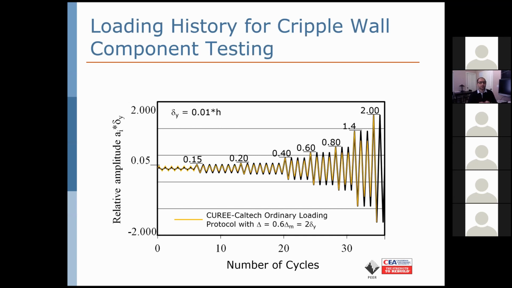The only thing that we did, and we realized that it's a really good starting point, is that we removed the trailing cycles. If you look at the middle of the screen where it says 0.4 on the loading protocol, after that you see that the black lines continue with the same amplitude of 0.4, whereas the yellow line drops. These are the trailing cycles in the Curee loading protocol, which we thought were not needed for our loading protocol.